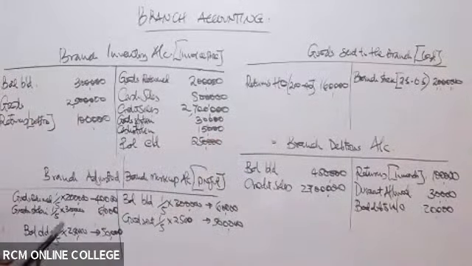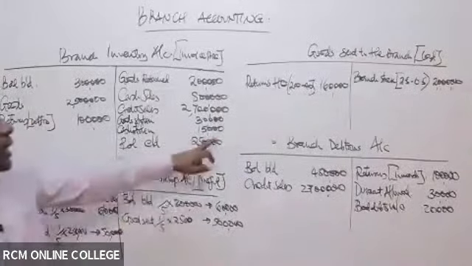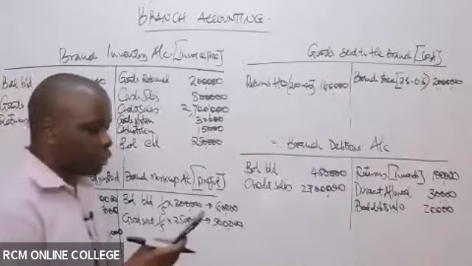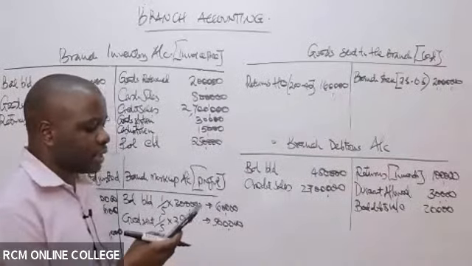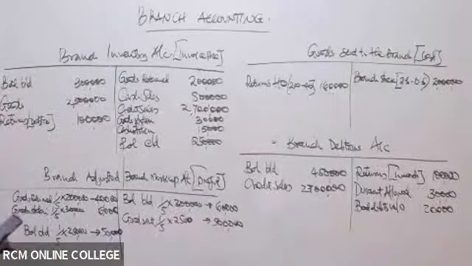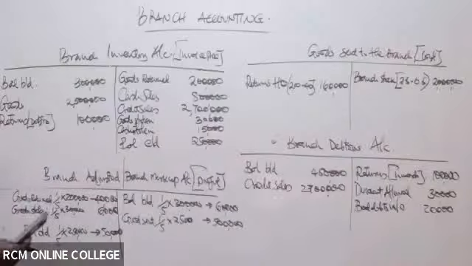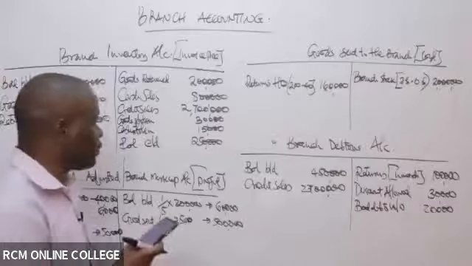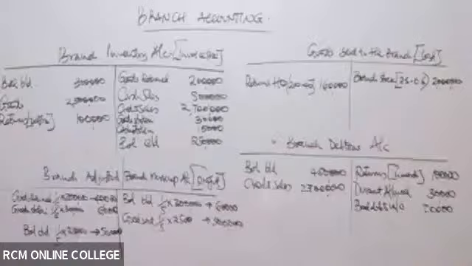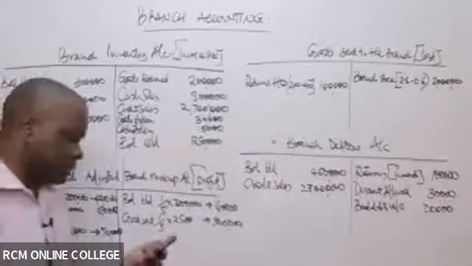It will affect the sales figure in the P&L account because you are told that the cash sales stolen at the branch were not included in other sales. So we end up crediting, but remember we'll be coming up with the P&L account. This figure of 15,000 will affect the amount of sales made in this particular branch.